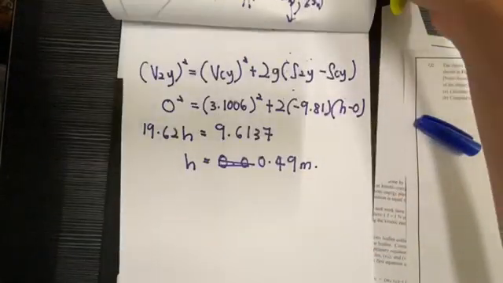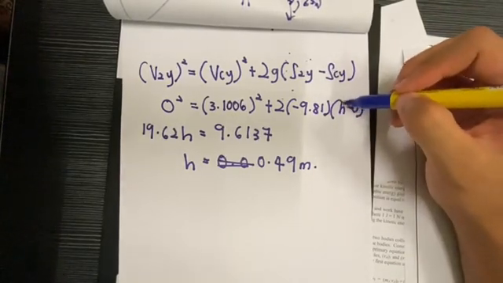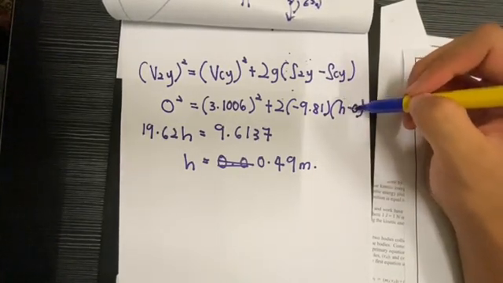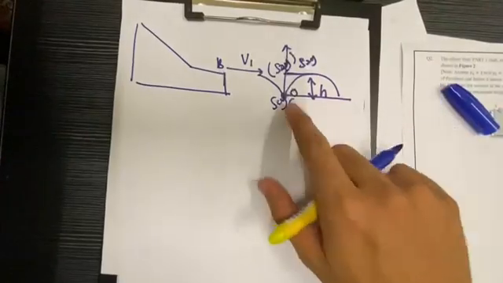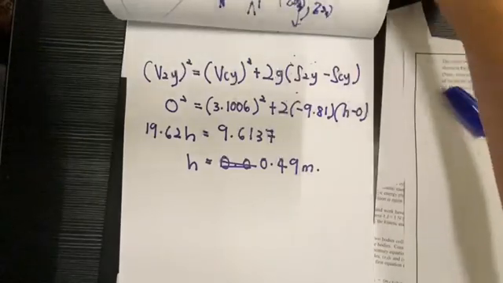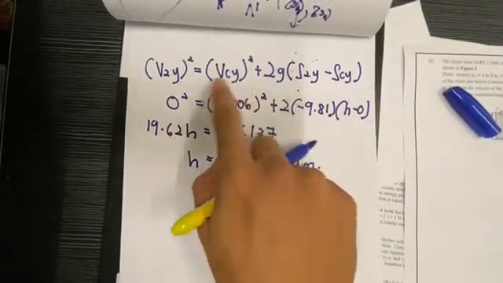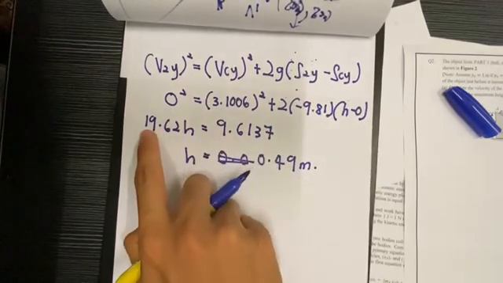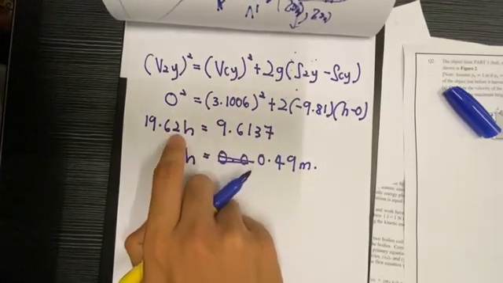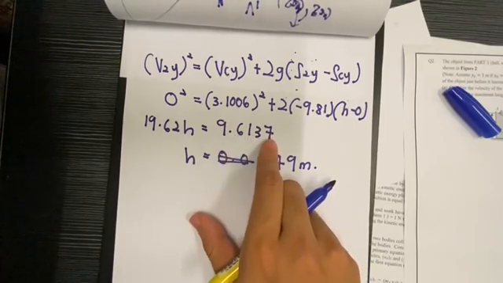So if we substitute with h minus 0, because this is at the origin, we calculate this and get 19.62h equal to 9.6137.